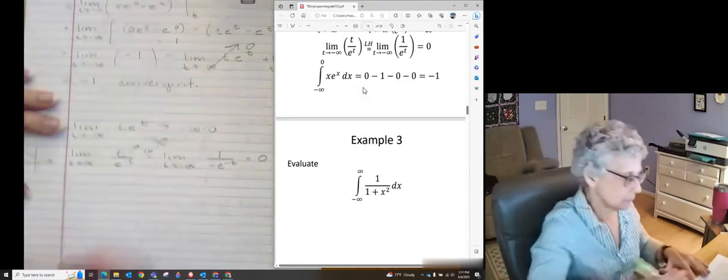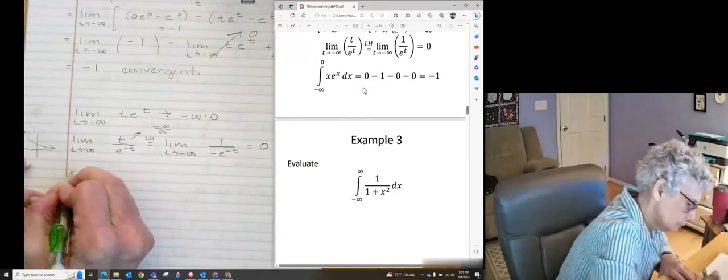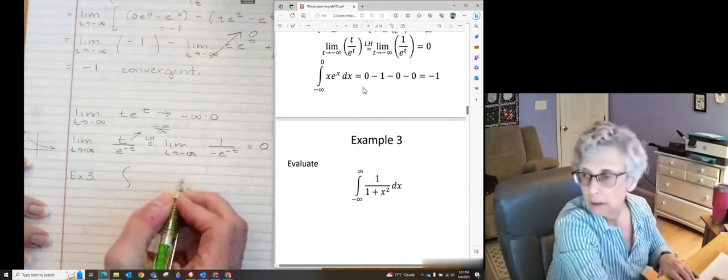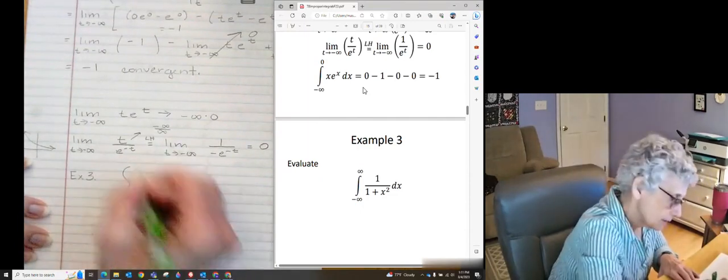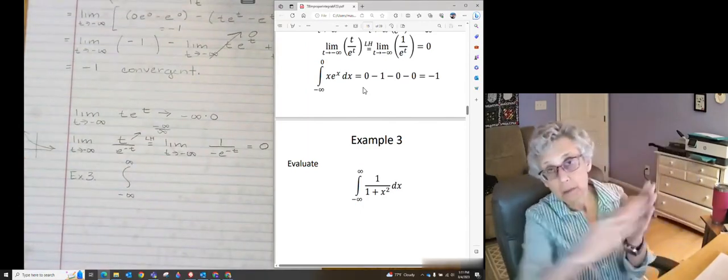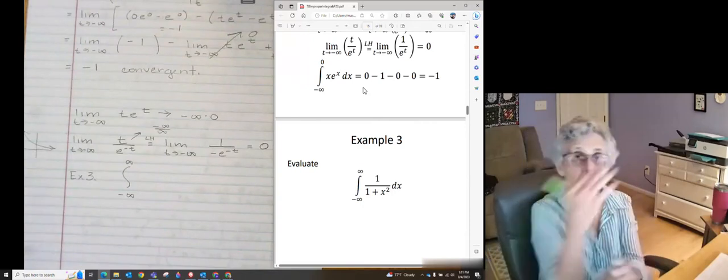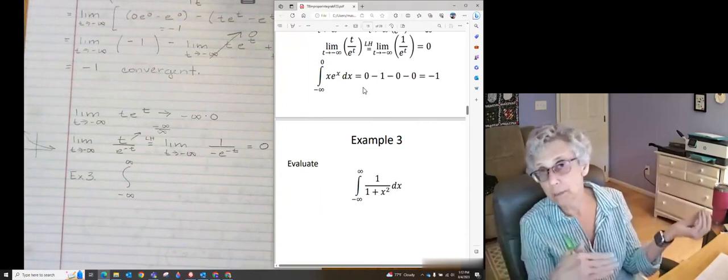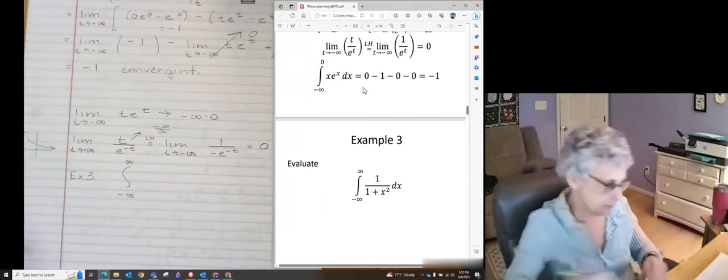Another example. Integral from negative infinity to infinity. So we did one that went from a number to infinity. We did one that went from negative infinity to a number. Now we have one that's going from negative infinity to positive infinity.